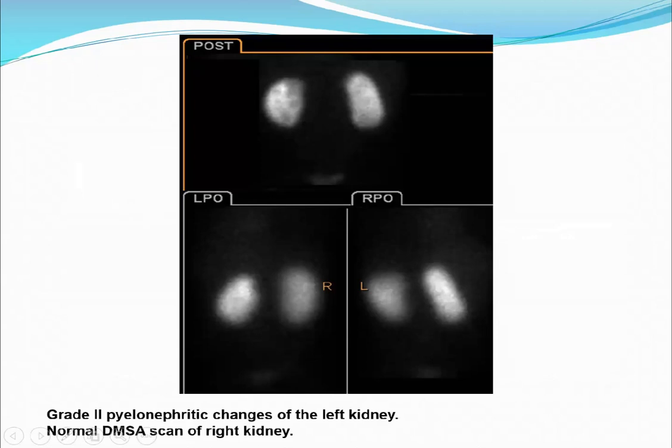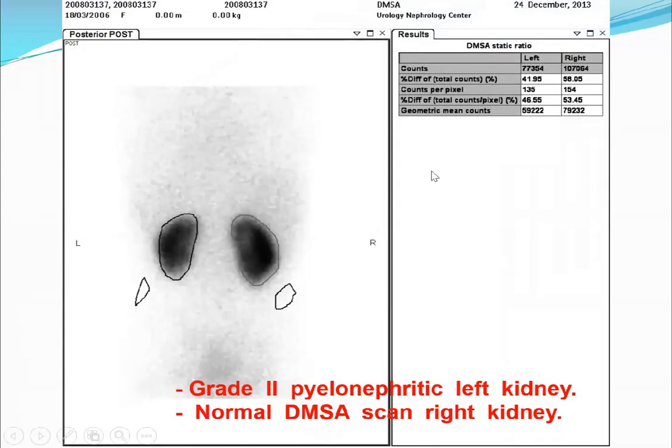This combination means that it is grade 2 by DMSA changes. However, the right kidney handles the tracer normally. We can confirm this by the relative split uptake. For the left kidney, it is 41%, and for the right kidney, it is 59%.